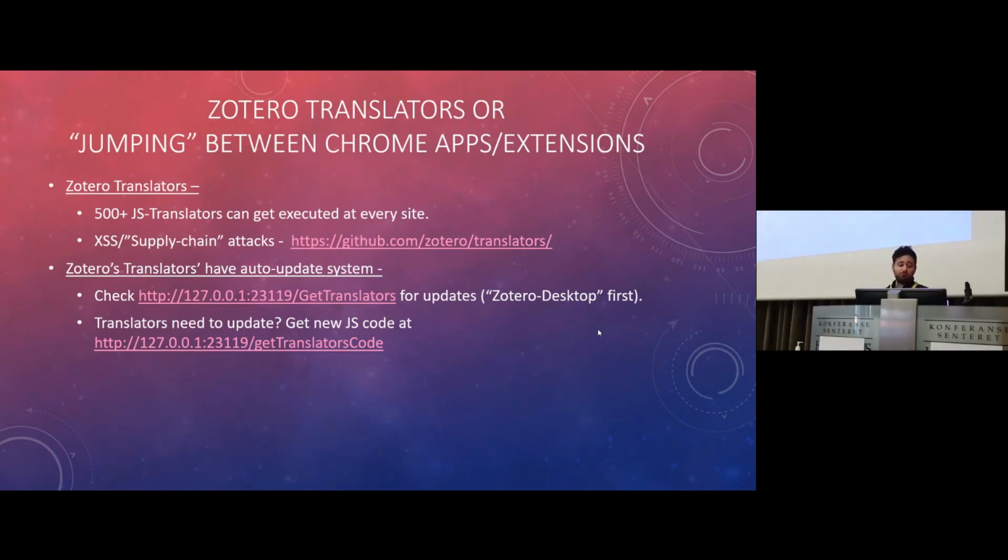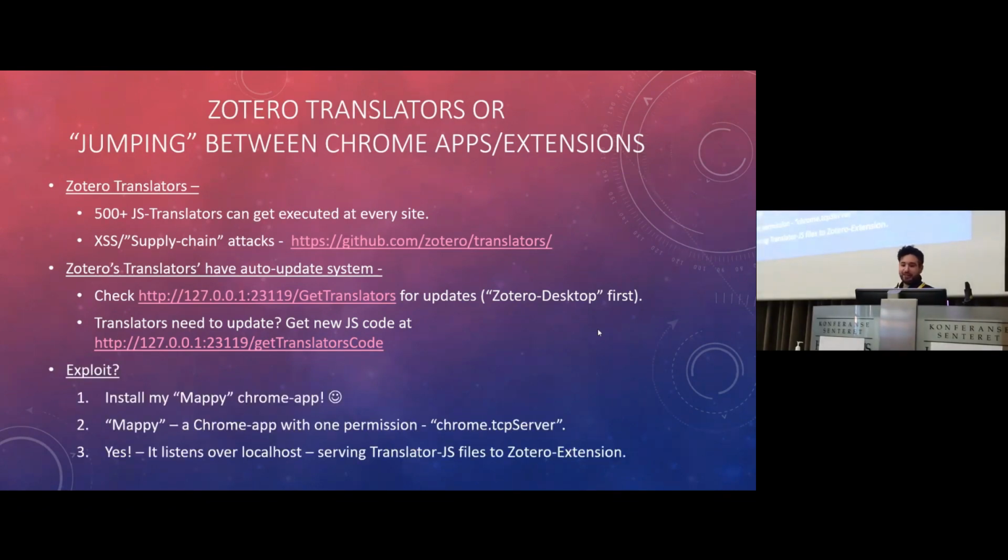As far as I know, not many people install that. So it just goes to localhost and sees if the port is open. If it's open, it gets a translator, does the full update, and so on, and actually gets new JavaScript code, doesn't verify anything, and runs it. Runs it inside the content script. So yeah, this was kind of the exploit.